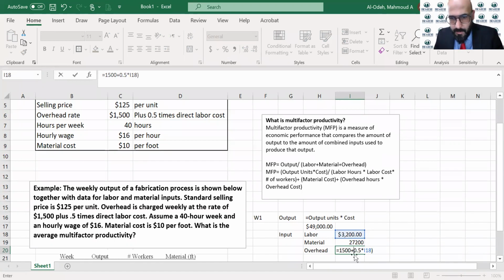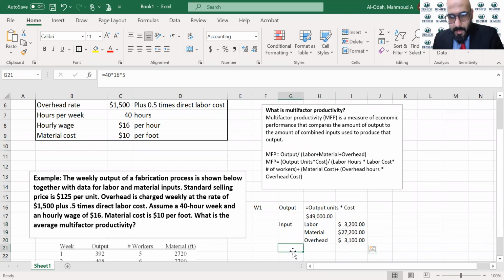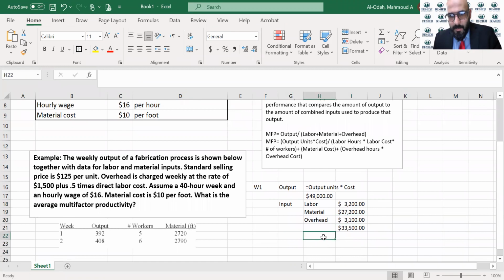I like to put these in parentheses, so we give priority to the multiplication. All these are dollar amounts. So the input for week 1 would be adding these together, that would be 33,500. And now let's divide the output by the input.